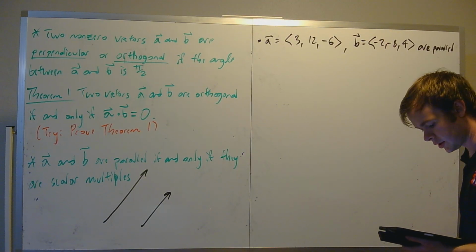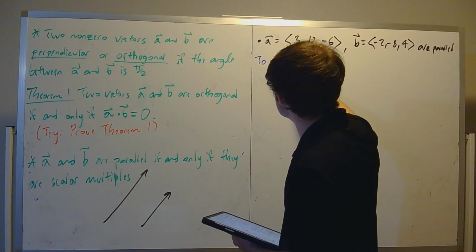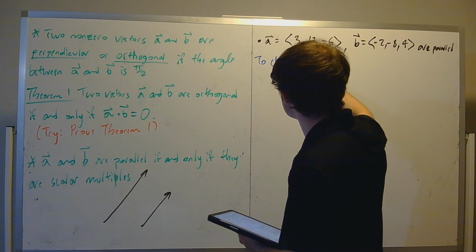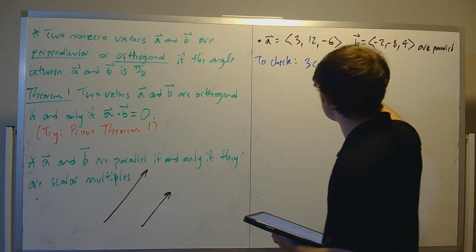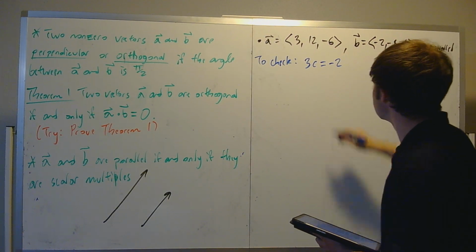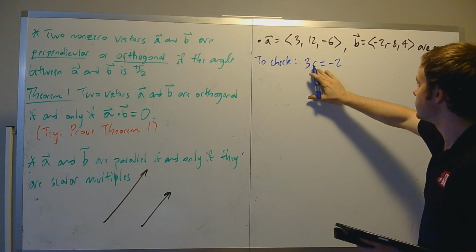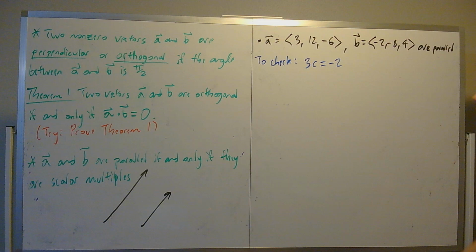So what we're going to check is that the first component times some number equals the first component of the second vector. So 3 times whatever we're scaling this by equals the x component of the second vector.